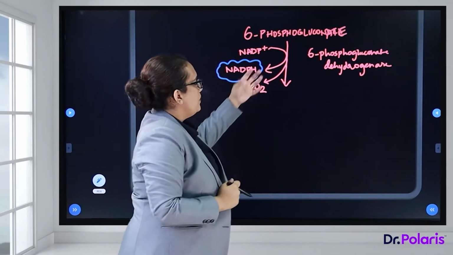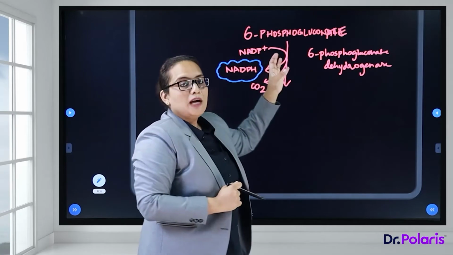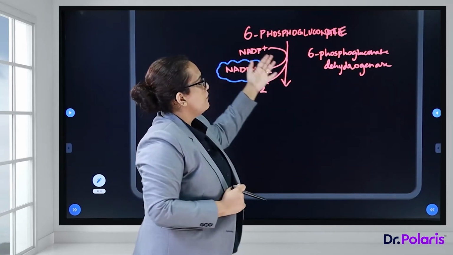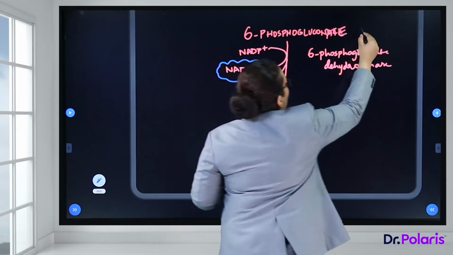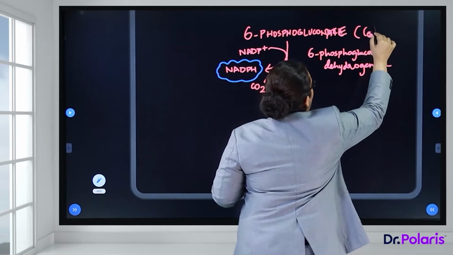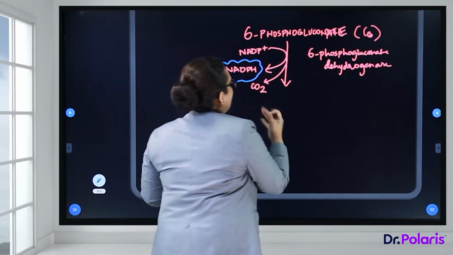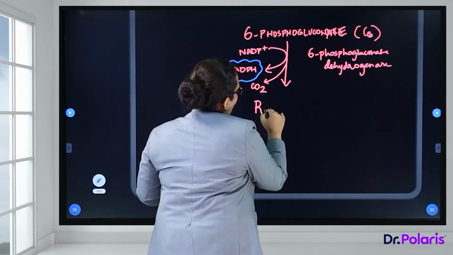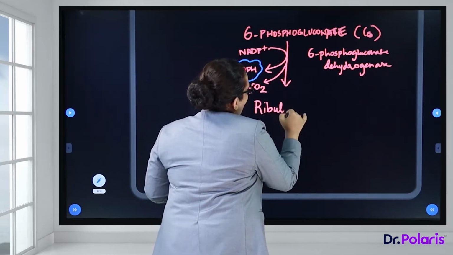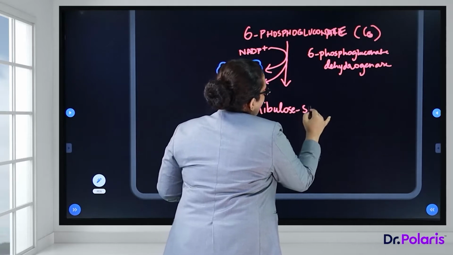So initially you have a 6-carbon compound, 6-phosphogluconate. With the removal of a carbon dioxide, one carbon is removed from the structure, leading to the formation of ribulose 5-phosphate.